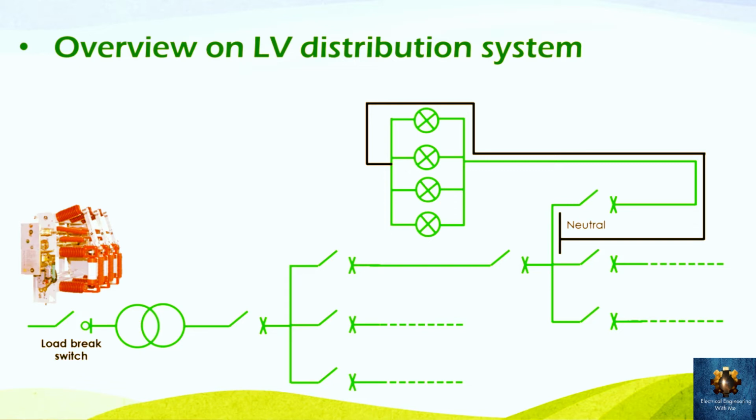And this load break switch is just a three-phase switch which can be operated manually to be turned on or off. If we make the load break switch on, it will connect the power to the transformer at the medium voltage side. So the transformer will be connected to the medium voltage power in case we made the load break switch at the on state.